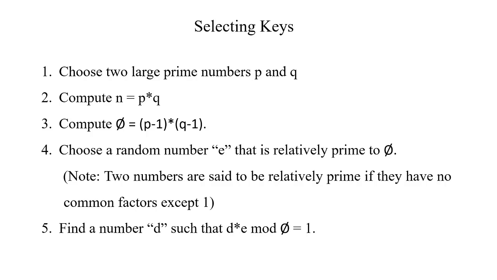Then at the fifth step we have to find number d such that the product of d into e mod phi will return 1. In computing, mod or modulus is the function which returns the remainder of the particular division.